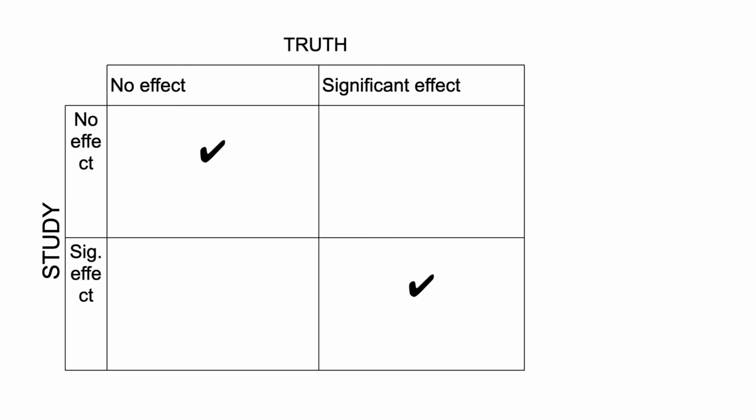If we don't find an effect in the study, we would rather that lack of effect be real, and if we do find an effect, we would rather have it be a real effect. And we do our best to avoid these two scenarios where we find an effect that does not exist, or we miss an effect that really does exist. So we're basically avoiding a type 1 error and a type 2 error.